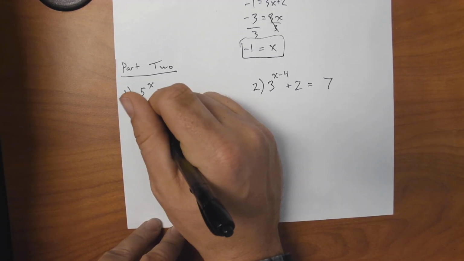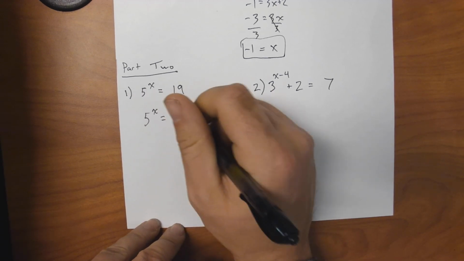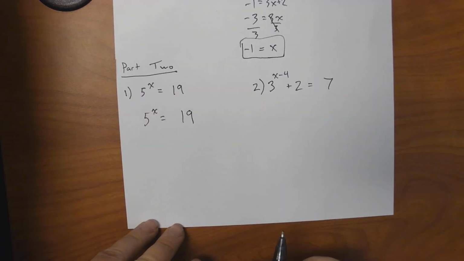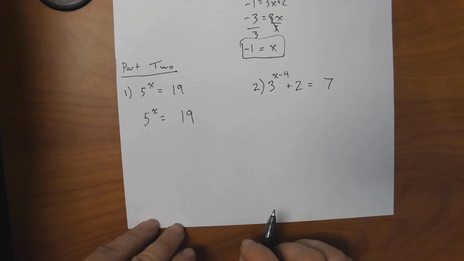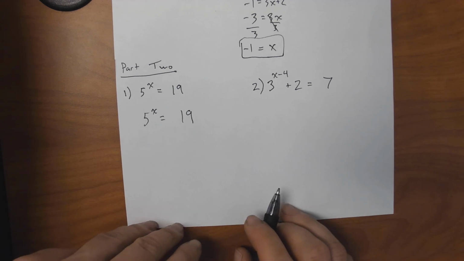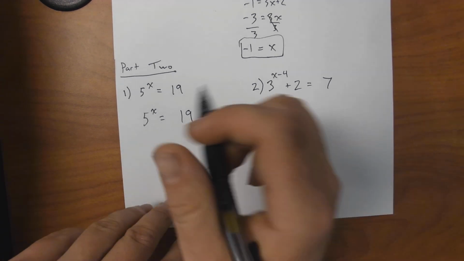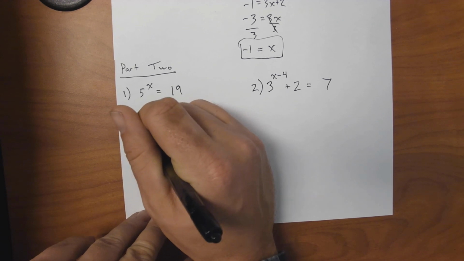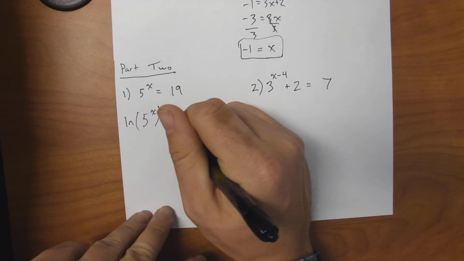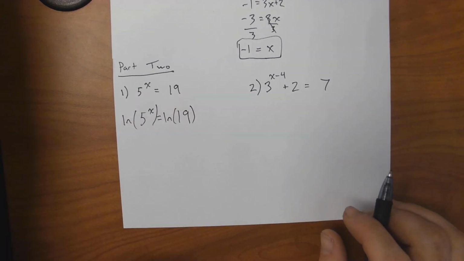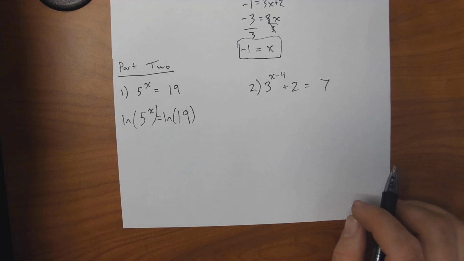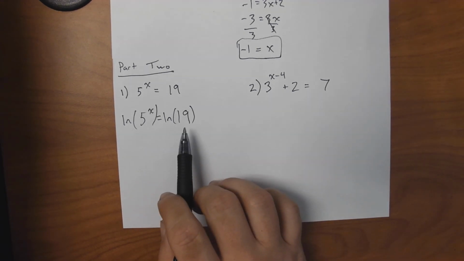So what we're going to need to do here, we rewrite the equation real quick, is log both sides. Now you can use any logarithm you want. I'm very fond of using the natural logarithm. So I'm going to natural log the left and natural log the right, because what I do to one side, I have to do to the other side.